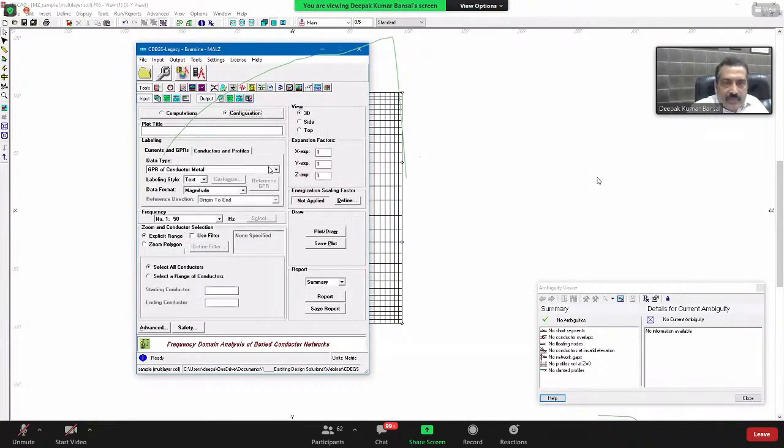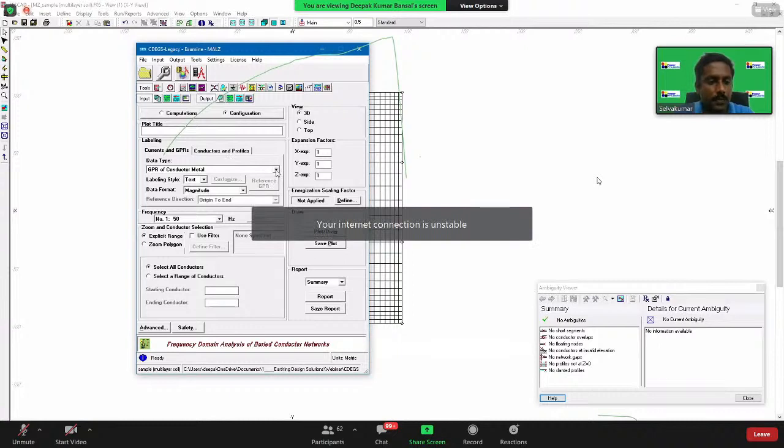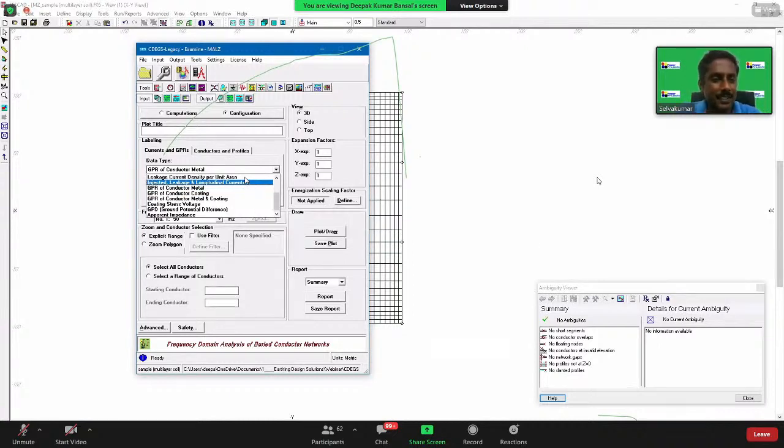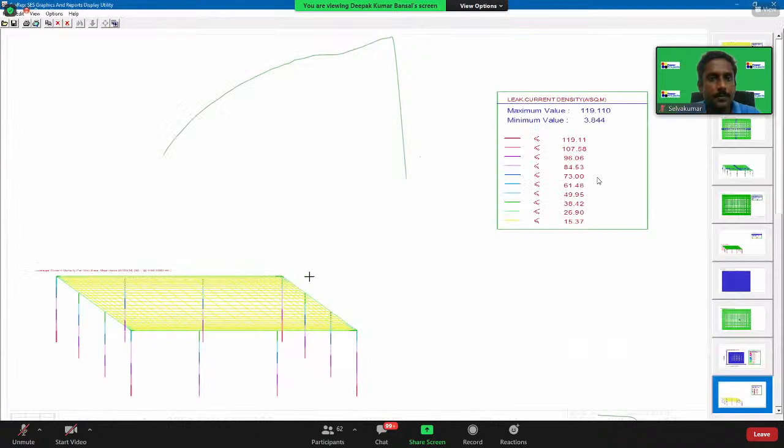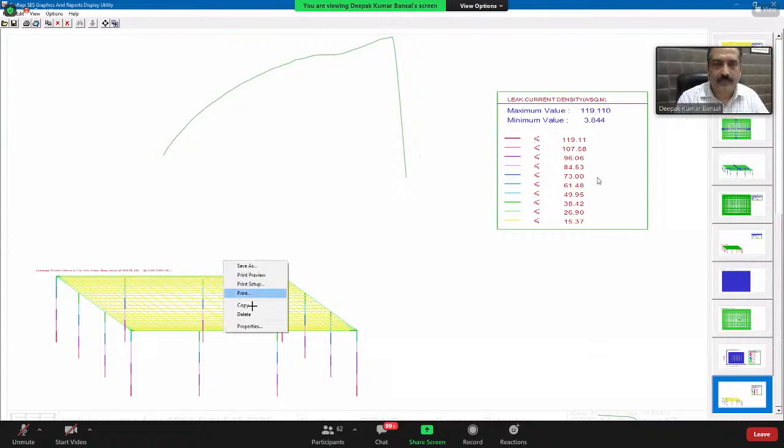the most important factor now, again, the second one. Let me show the current density, how it is behaving now. So now this is the current density chart, which you can see is 119 to 15.